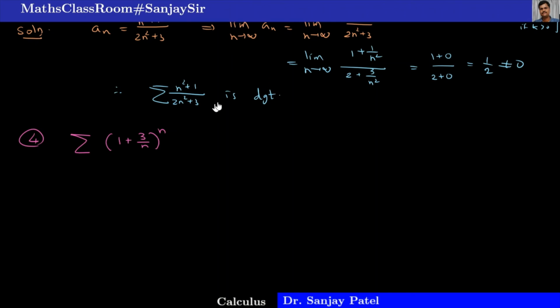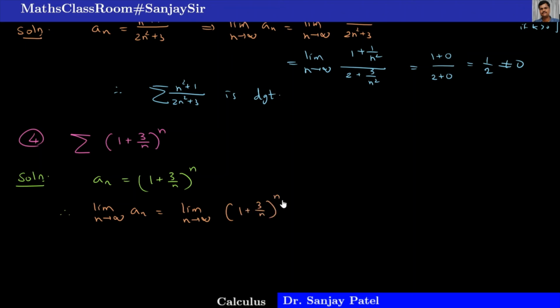Here the nth term an is equal to 1 plus 3 upon n raised to n. So the limit of this as n tends to infinity, limit an, is equal to the limit as n tends to infinity of 1 plus 3 by n, whole raised to n.